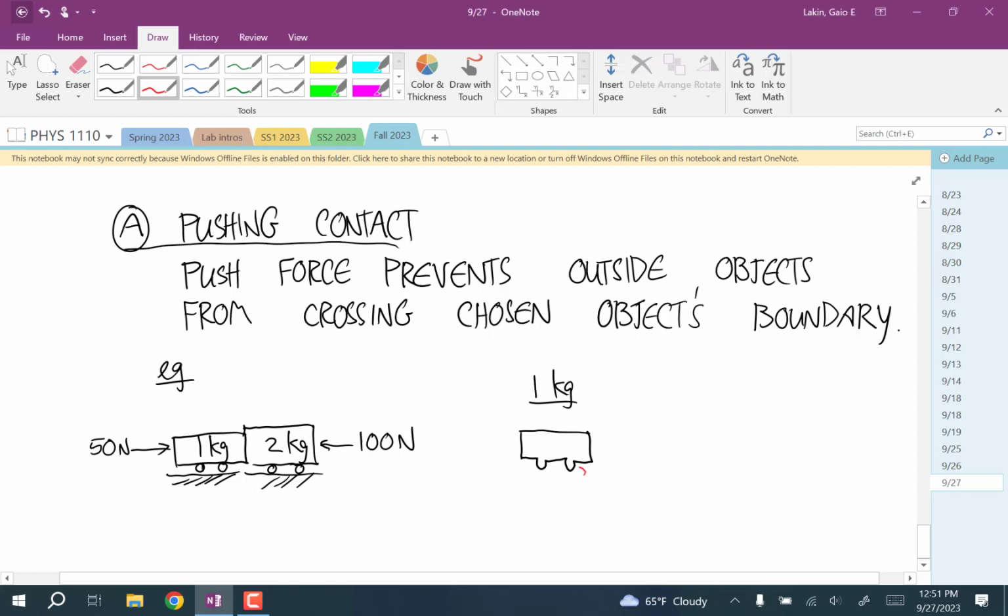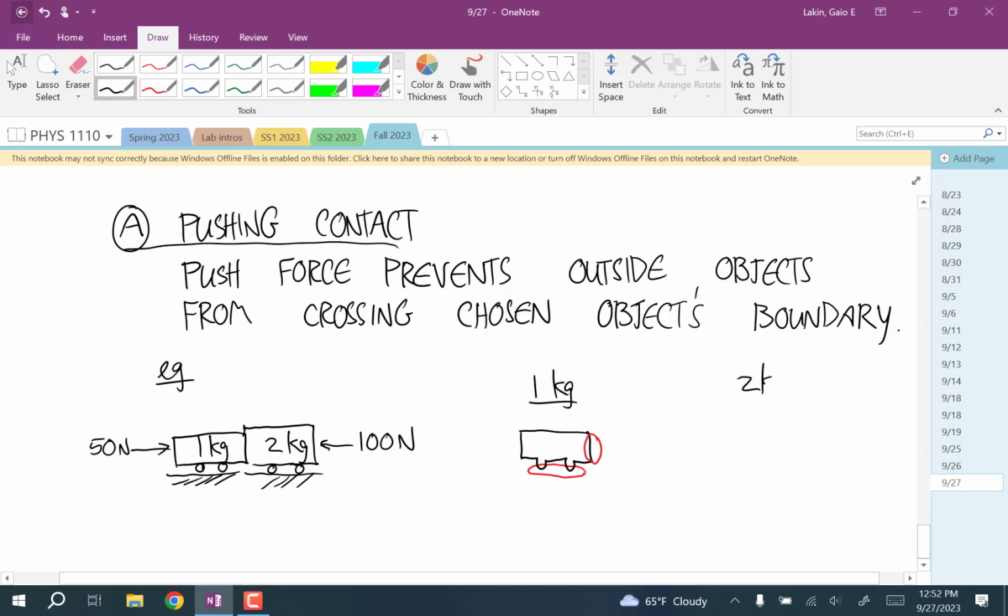So there's a pushing contact at the wheels. There's really two of them, but for now we're going to think of it as a single force. And then these two objects, if they weren't pushing on each other, would cross each other's boundaries and become like a single object. So there's also a pushing contact there.